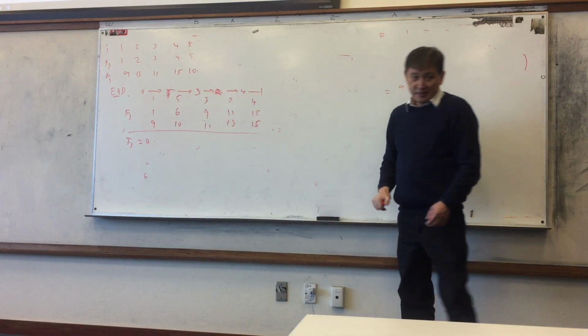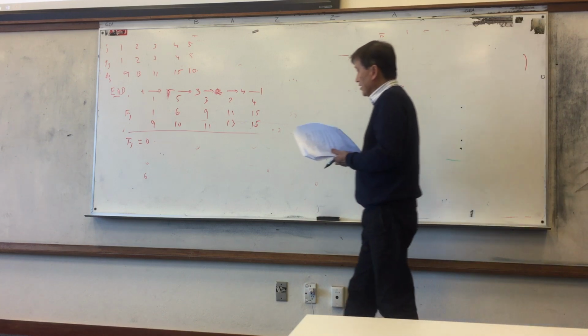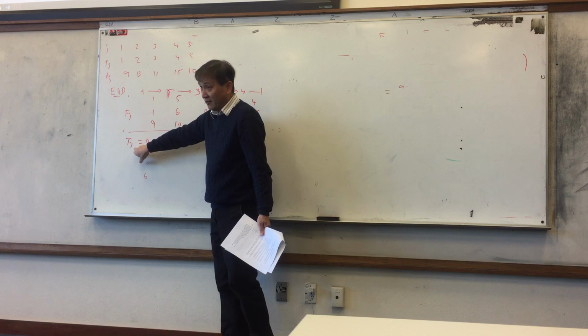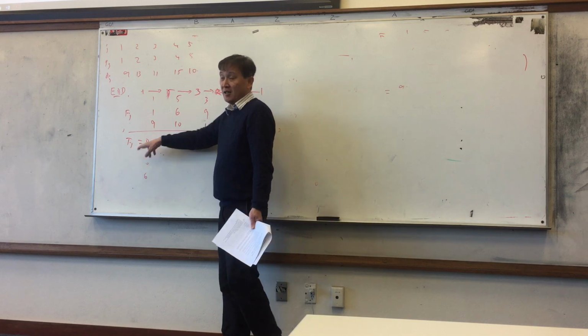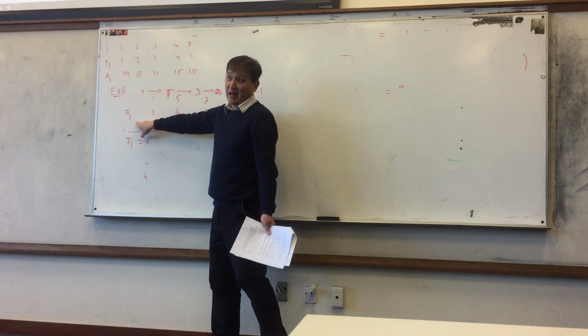Now in this case, I can find the schedule. I know that this is optimal in terms of the total average delays, but it's not optimal in terms of the average Fj.